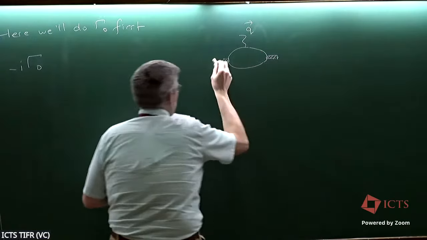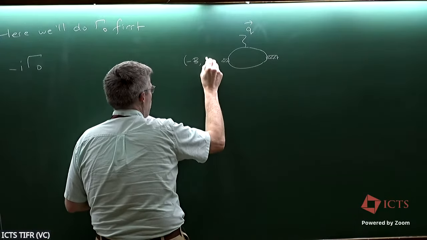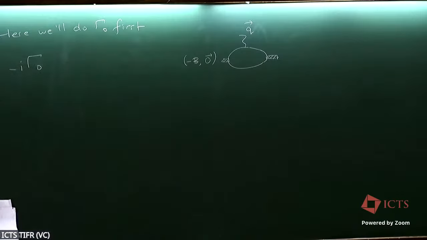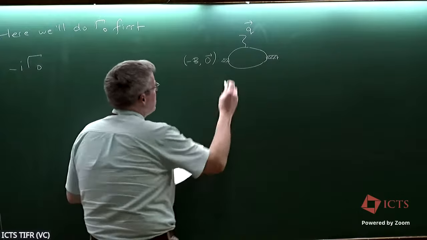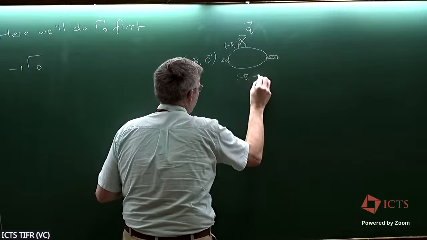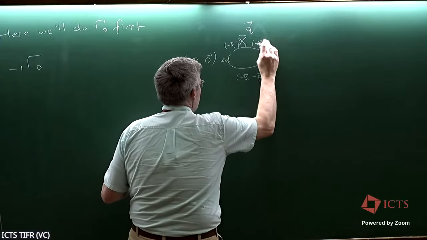So then we'll start off in the center of mass frame of the deuteron, where in order for it to be on shell as a deuteron, it has to have energy minus B0.